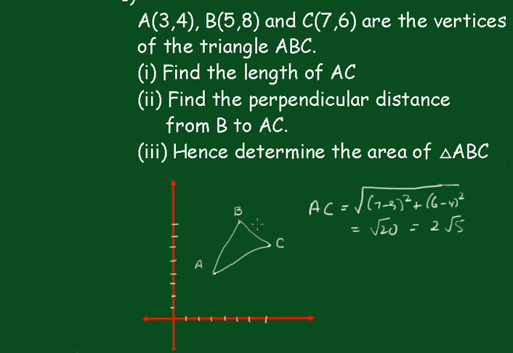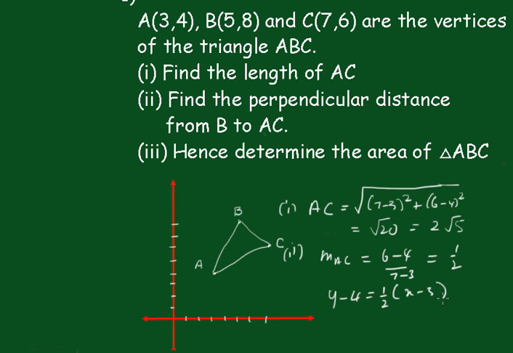Right. Now to do that, we can say that the gradient of AC is the difference of the y values. It's 6 take away 4 over 7 take away 3, which is a half. So y minus 4 equals a half of (x minus 3), using the point gradient form.